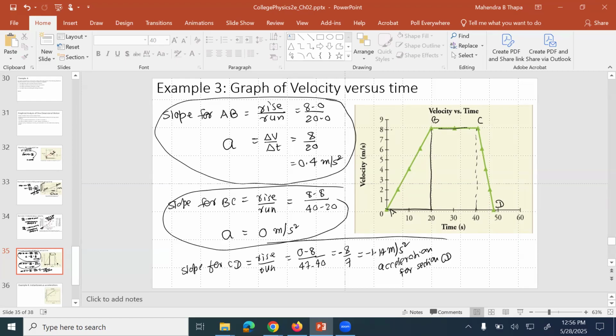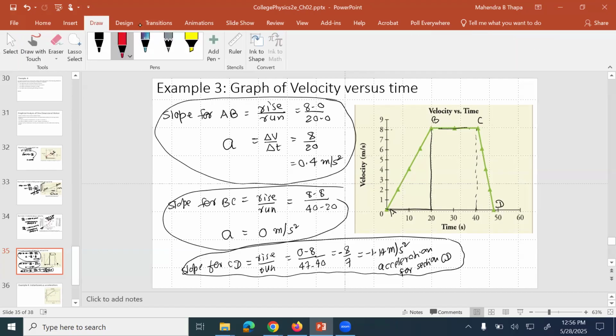Okay. So you can look at here that depending on the change in V, acceleration is different. Here V is increasing, so this is the speeding up case. In section BC, the velocity is constant, so it is the case of constant velocity, and clearly acceleration will be 0. Now, if you go to the section CD, V is decreasing. For example, 8, then slowly going down to 5, maybe going to 2, finally it is 0.